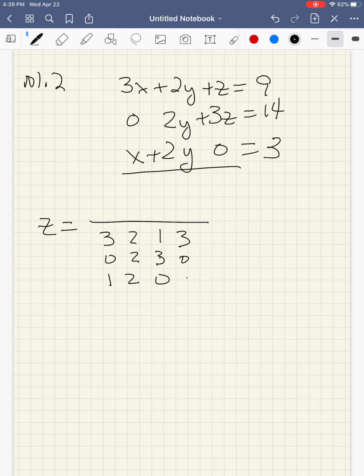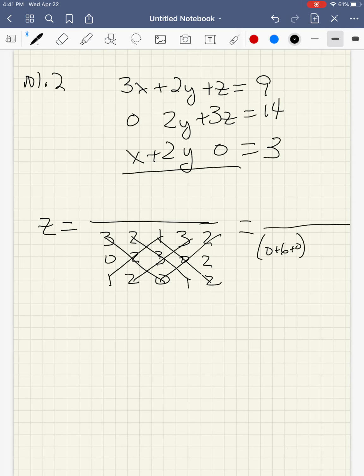And I'm just going to write the first two columns again. All right, so we're going to get 0 plus 6 plus 0 minus 2, 6 times 3 is plus 18 plus 0 for the denominator.